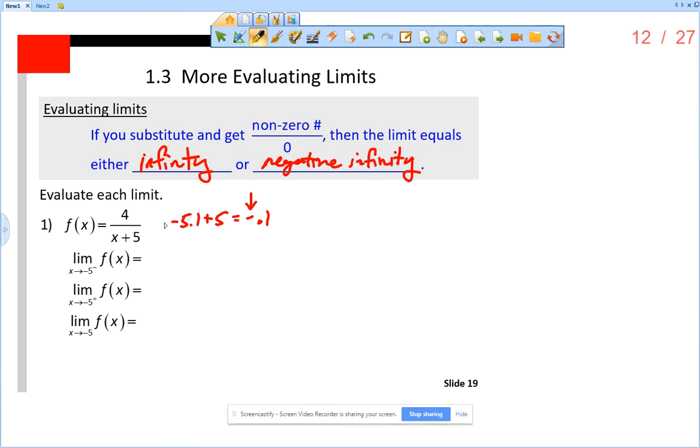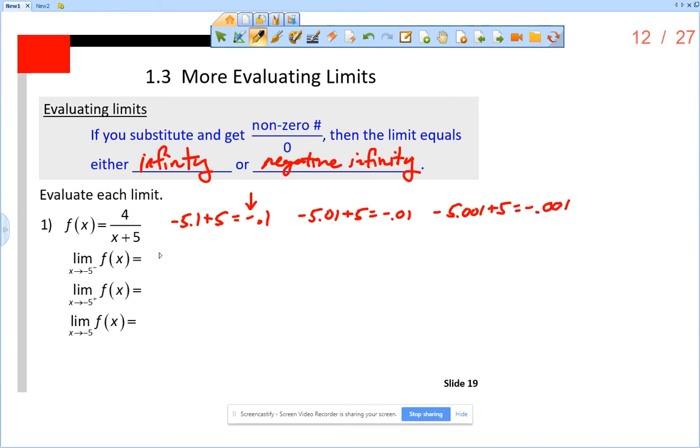Now, remember, it's the limit as x approaches negative 5, so we want to get closer to negative 5. So what about negative 5.01 plus 5? I'm going to get negative 0.01. What if I get closer, like negative 5.001 plus 5? That's going to equal negative 0.001.